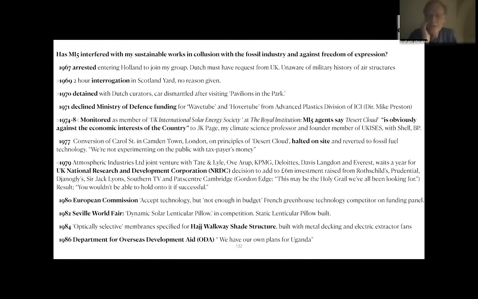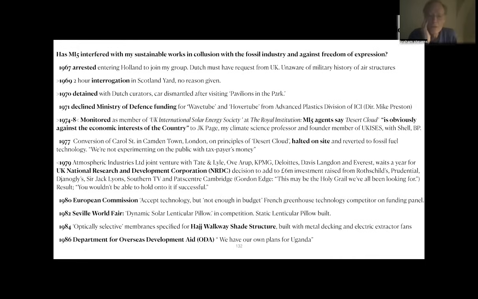Even your MP is not allowed to tell you that you're being monitored by the secret services. But of course, Shell and BP were also founder members of the society. And so it's quite feasible that they were working with MI5 agents.